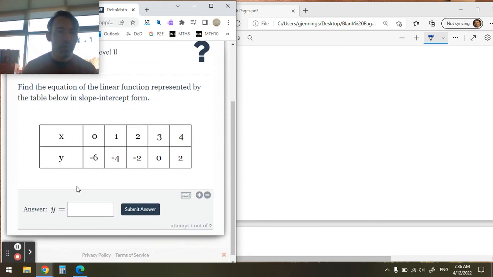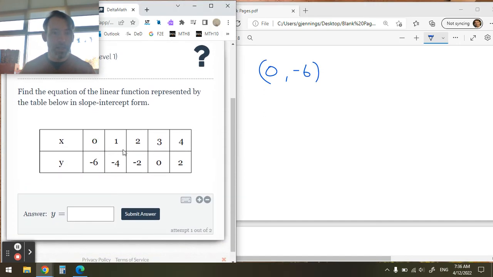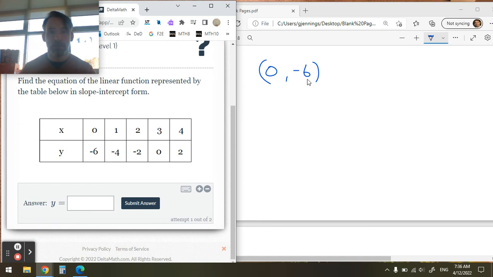So below is a linear function in table form, and I want to write it in slope-intercept form. The first thing that I need to do is find the slope. I'm going to take the points (0, -6) and (1, -4).